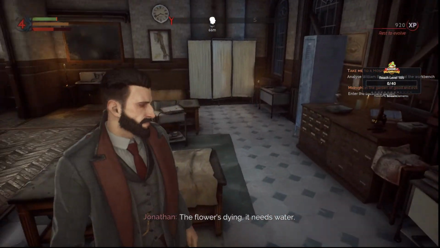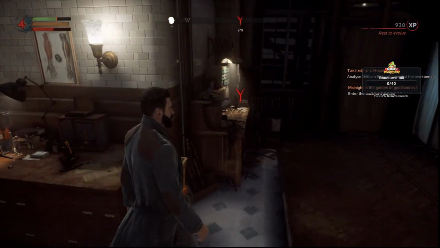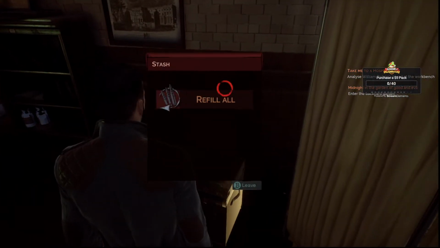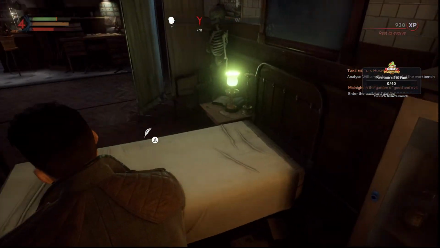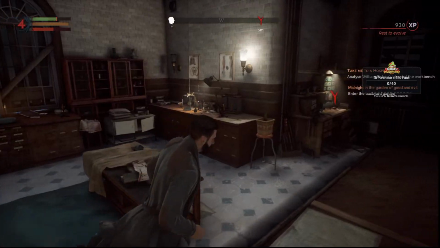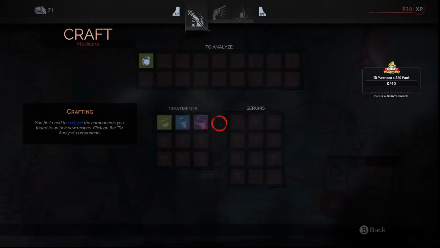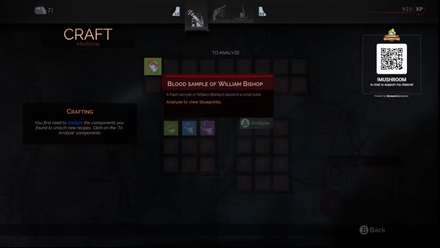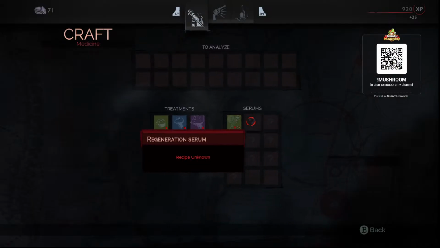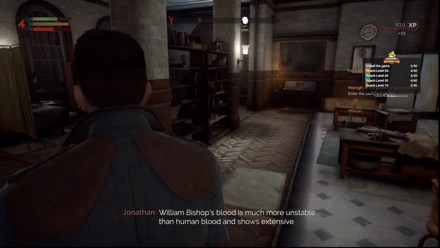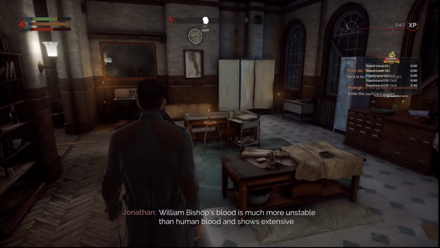The flower's dying. It needs water. William Bishop's blood is much more unstable than human blood and shows extensive mutation.